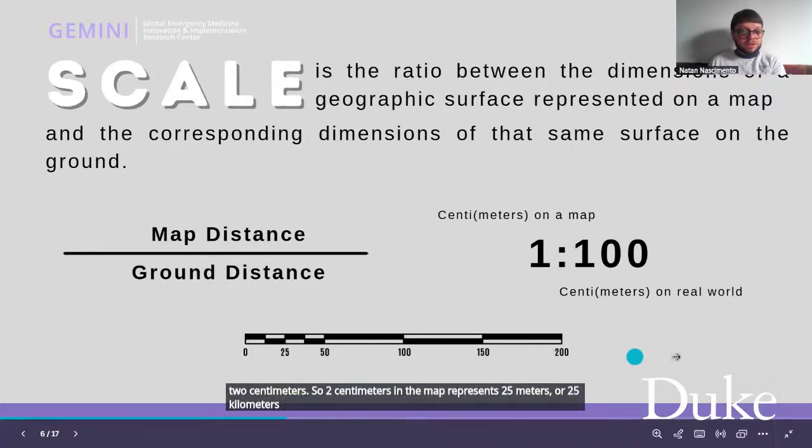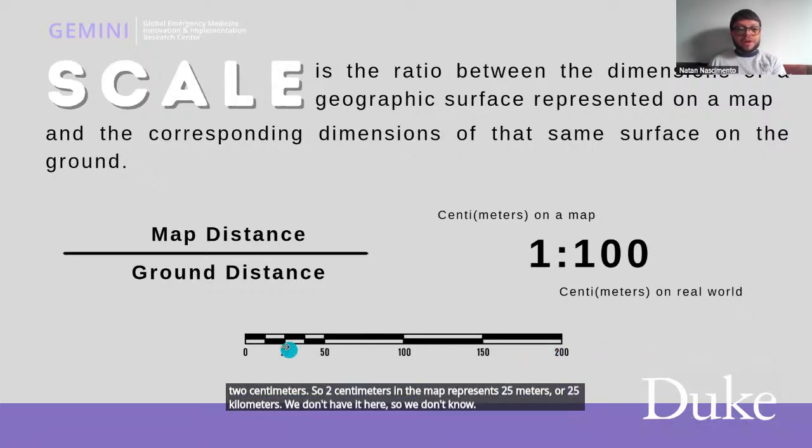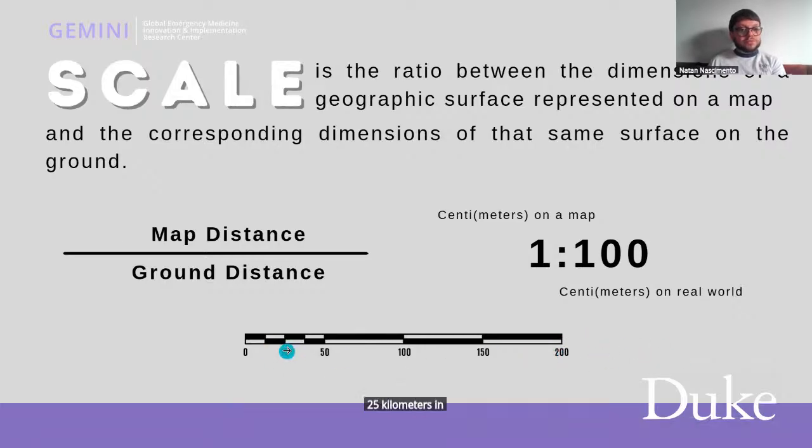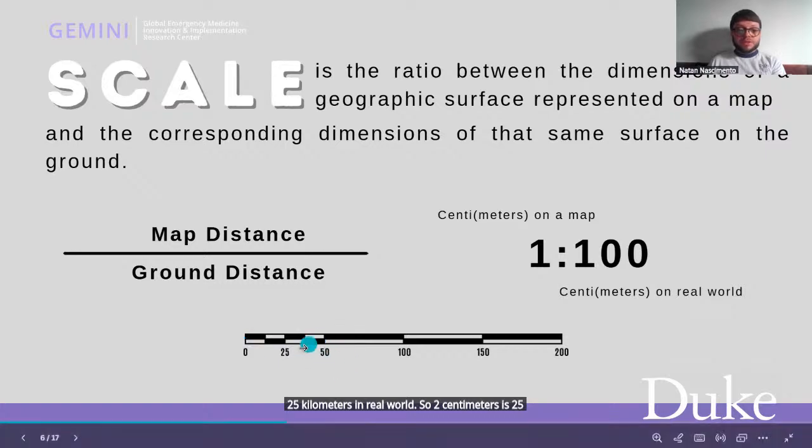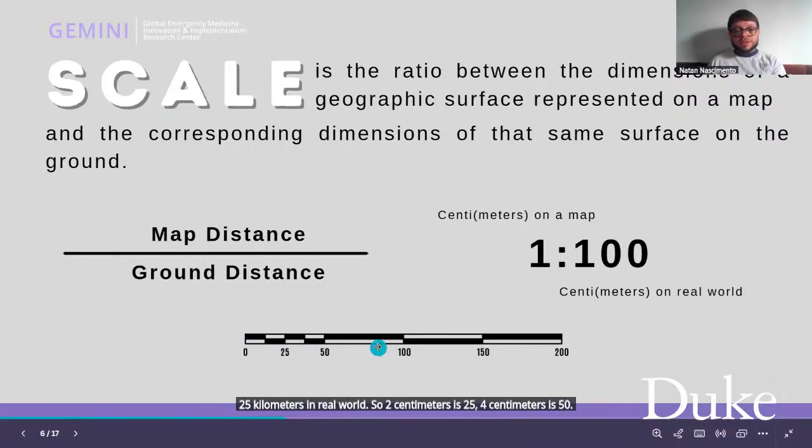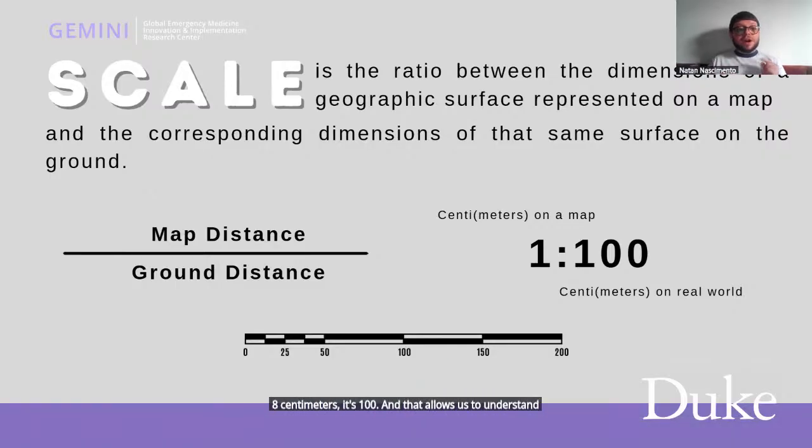We don't have it here, so we don't know. 25 kilometers in the real world. So 2 centimeters is 25. 4 centimeters is 50. 8 centimeters is 100. And that allows us to understand how far we are. So we need to measure it in a proper scale.